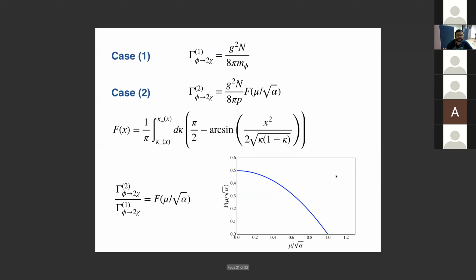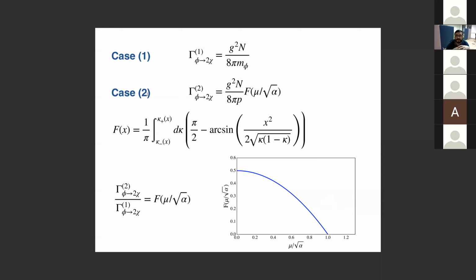For case 1, when the initial field is massive, we get the same as the usual decay rate, but multiplied by this n, which is the number of particles of the background. Then if it is 1, we recover the usual result.